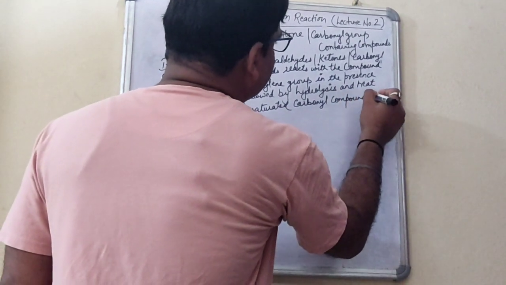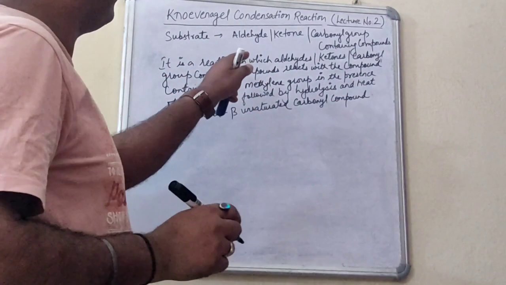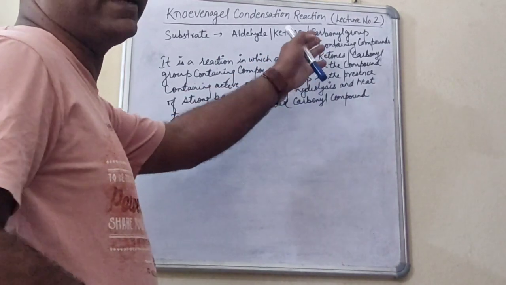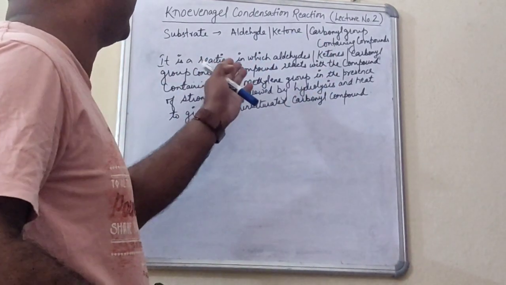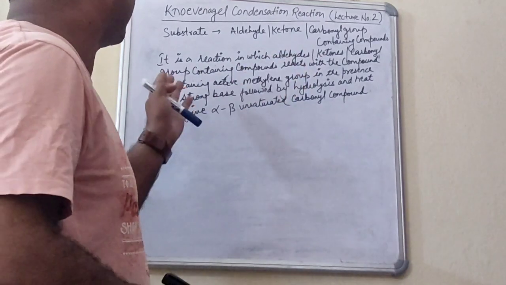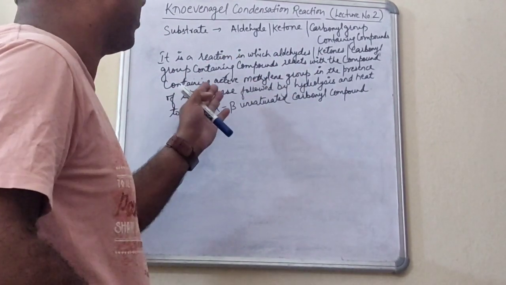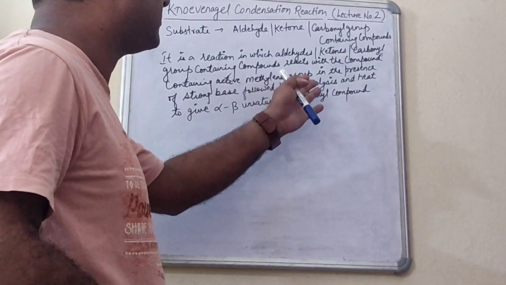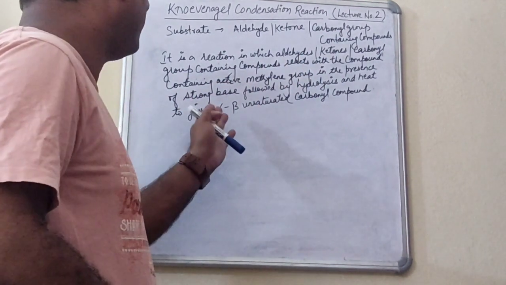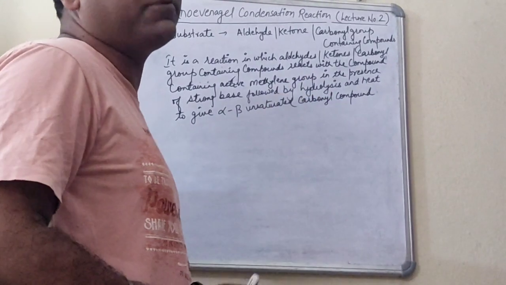So basically in this reaction, the aldehyde, ketones or any carbonyl containing compounds react with the compound containing what? Active methylene group in the presence of a strong base, followed by the hydrolysis and heat to give alpha beta unsaturated carbonyl compound.